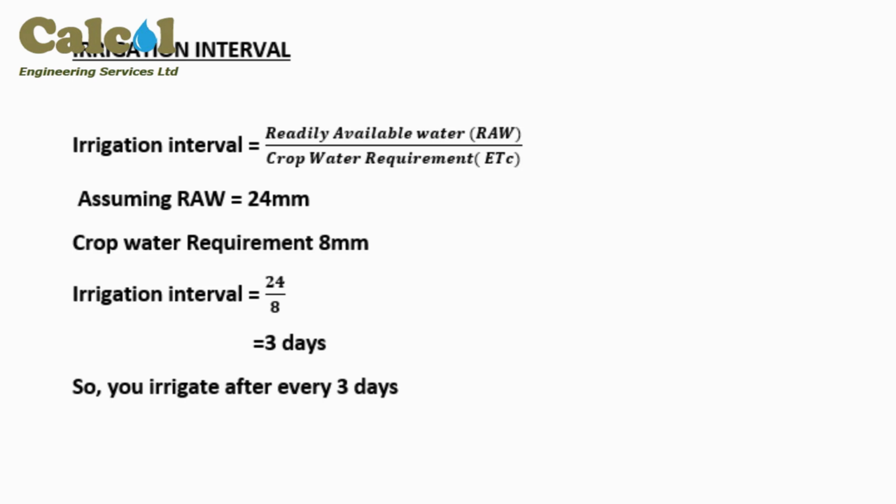So it will be 24 divided by 8, which is 3. That means your irrigation schedule should be every 3 days. After every 3 days, you need to irrigate so that your crops do not miss the water that is sufficient to meet their transpiration rate, because if that happens, your crops will wilt.